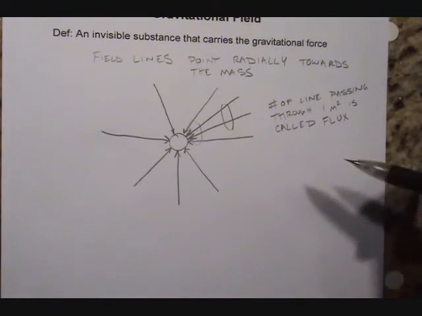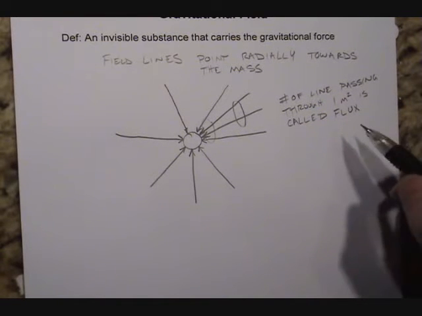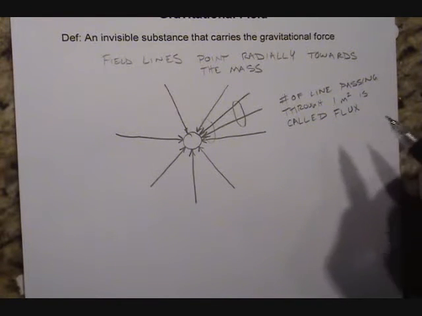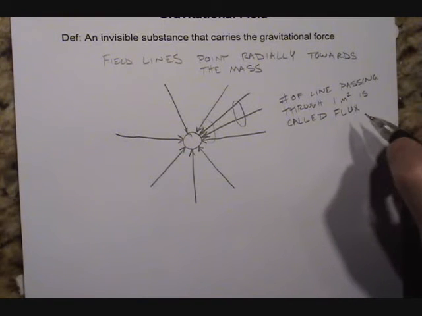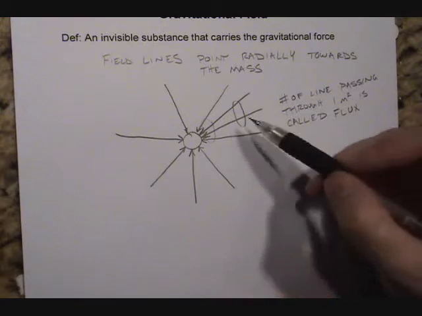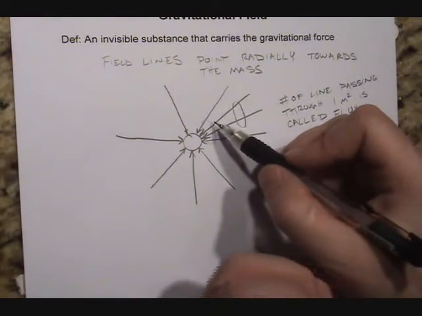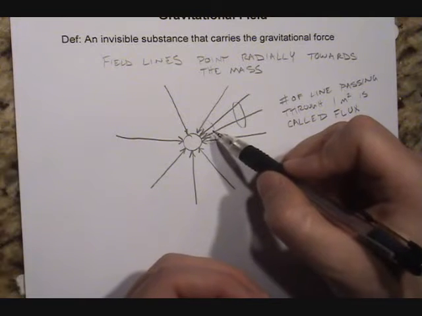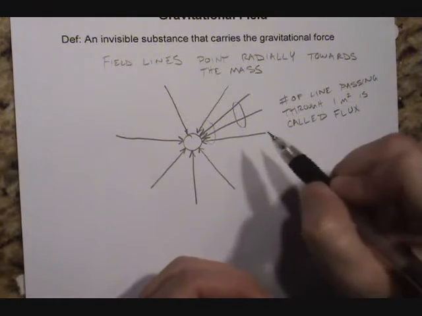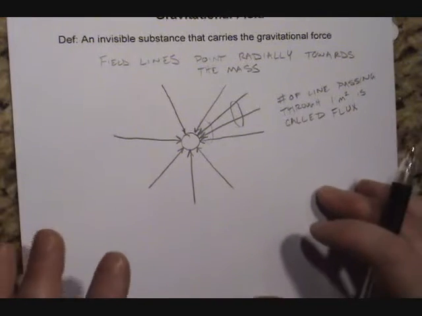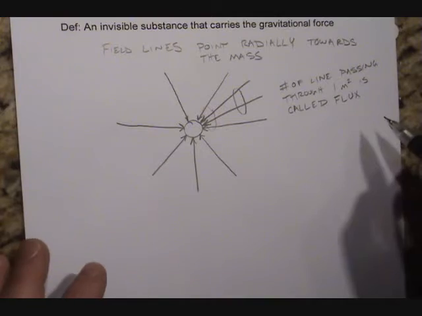It's something we'll talk about again when we get to the next invisible field, which will be electricity and magnetism. We can have gravitational flux, I can have electric flux, I can have magnetic flux. It's essentially the number of these imaginary lines that pass through a certain point, and the flux gets weaker. That is to say, there's a smaller number of lines as you move farther away from the object. So the gravitational flux is simply the number of imaginary lines passing through a given area, and in this case the given area is 1 square meter.